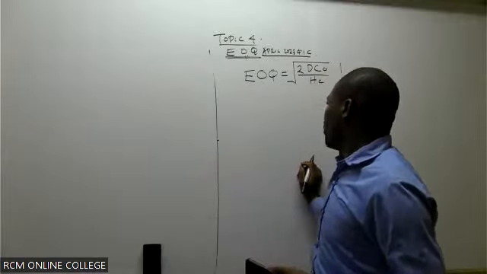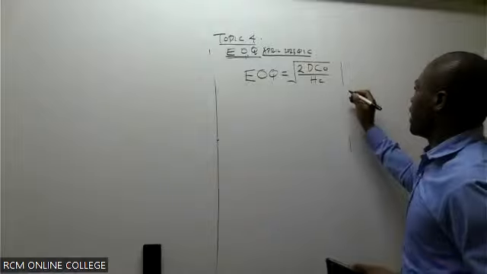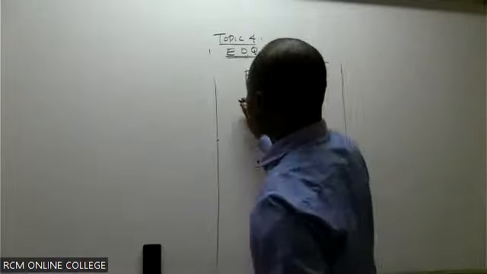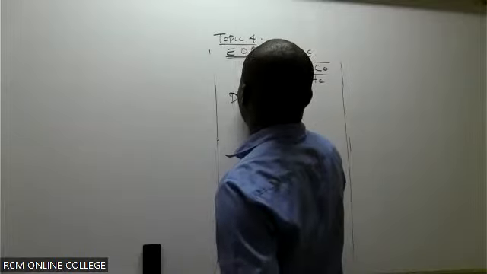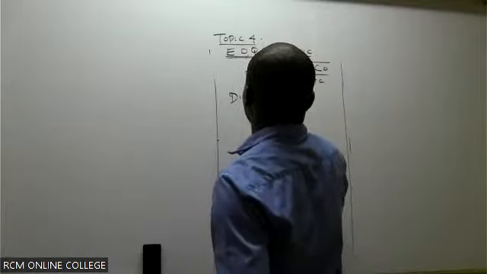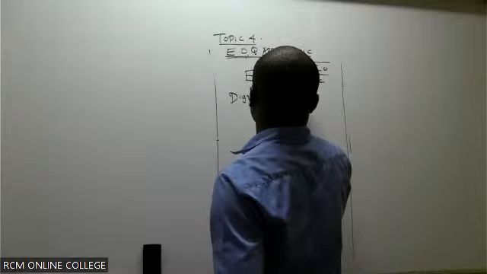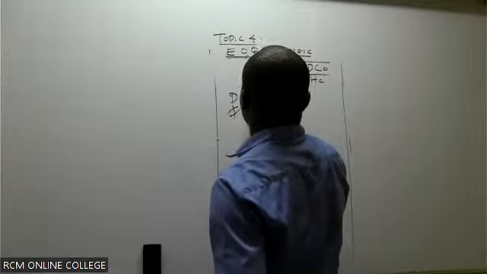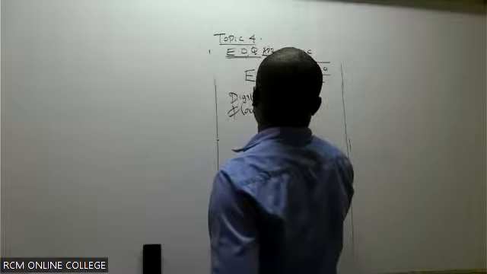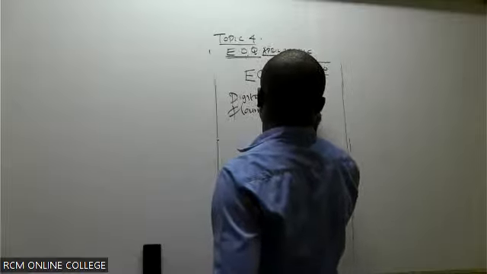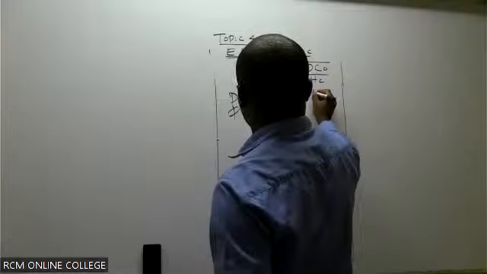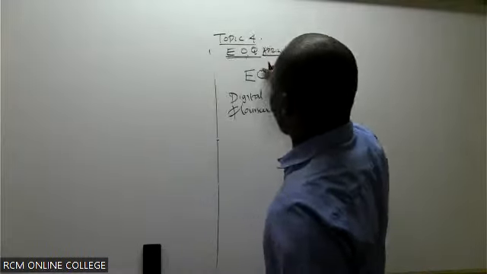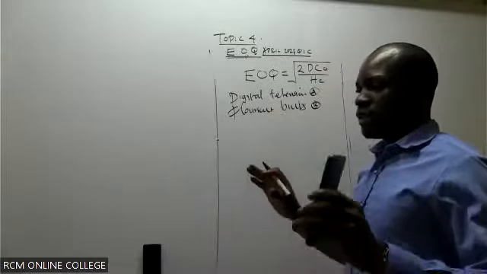Now, you know what these people are actually trying to test here? We have two items here. We have digital television, we have fluorescent bulbs. Now, we have A, we have B. Economic order quantity.